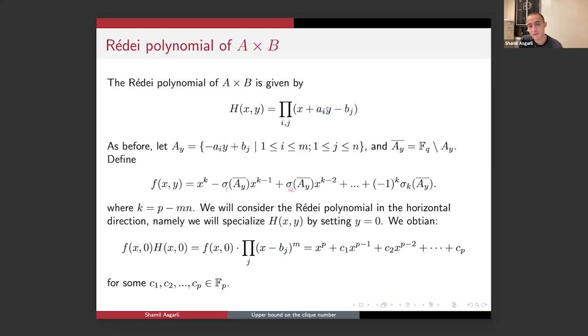So there are m choices for each a_i. So for each b_j, there are m choices for the a_i because it varies through every element of the set A. That's why you're getting this repetition. And when you multiply this, you're just going to get a polynomial in x. And the coefficients of that polynomial are going to be denoted by c_1 up to c_p.